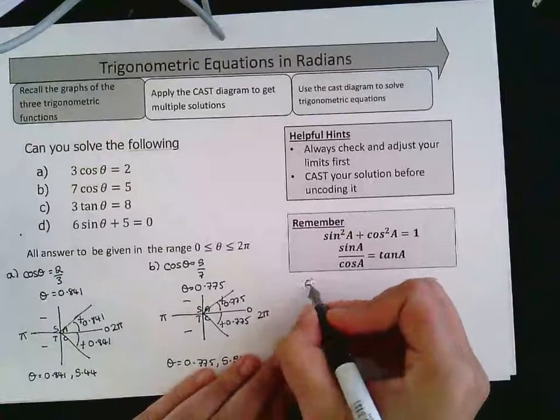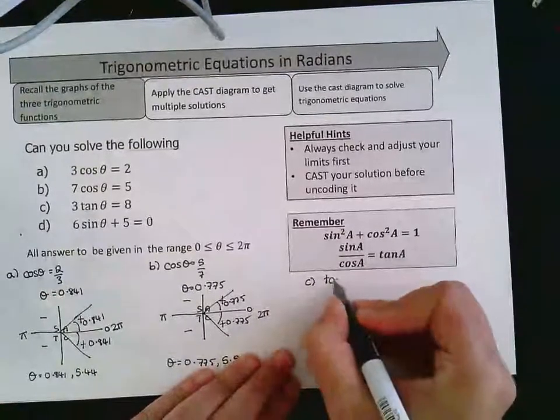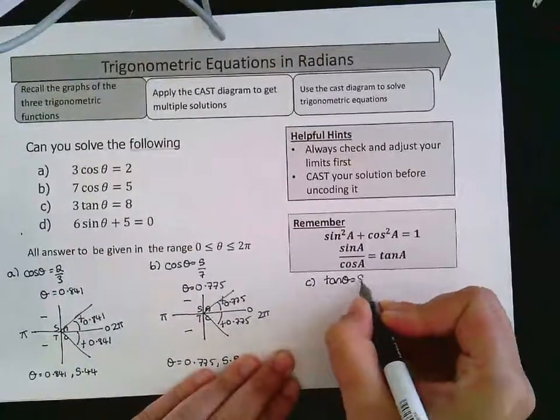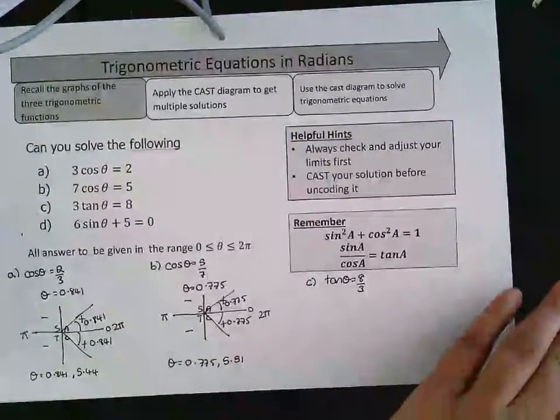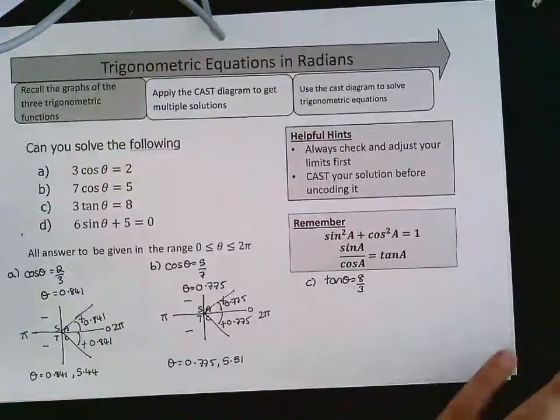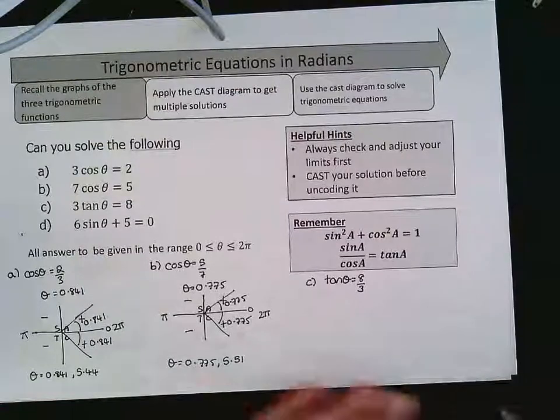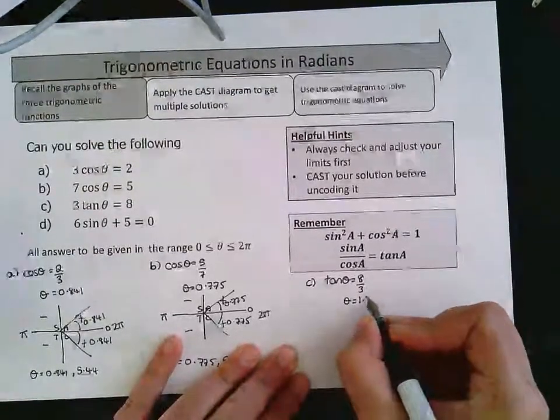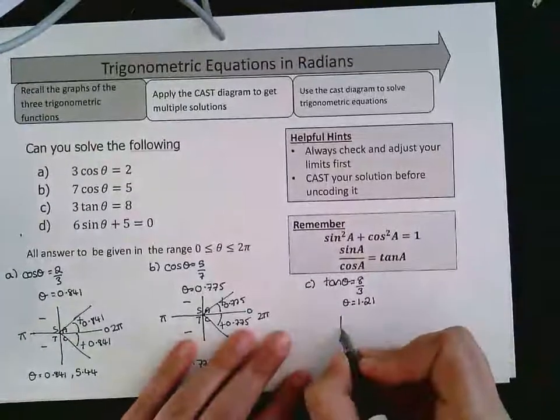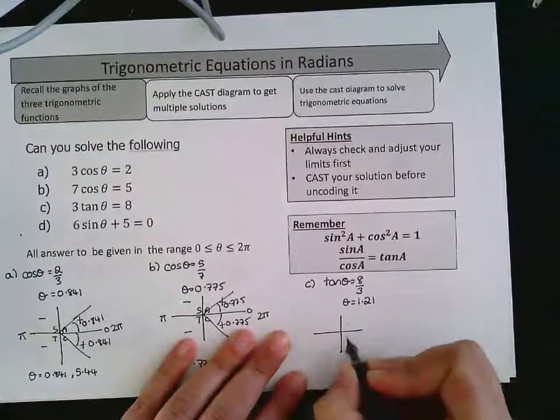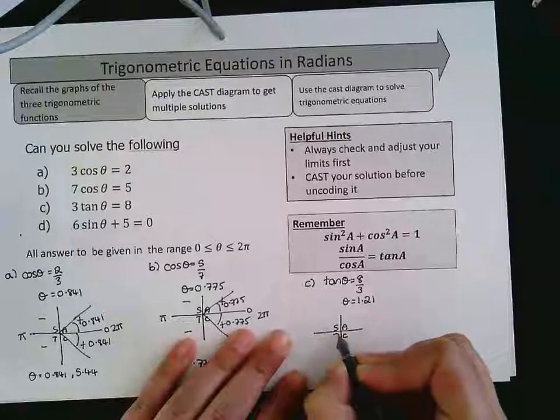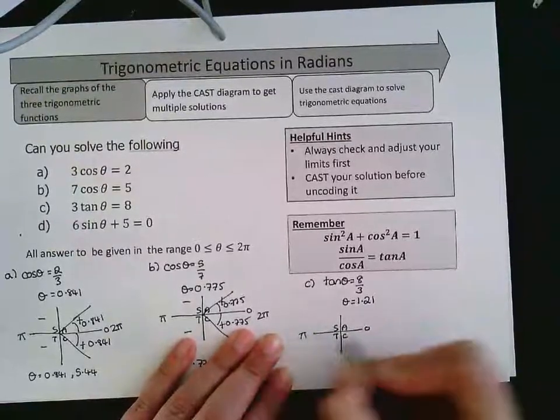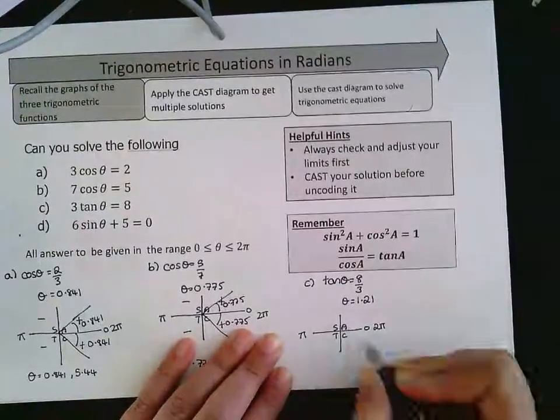C. Tan theta would be 8/3. So on my calculator, the inverse tan of 8/3 is 1.21. So again, as always, I draw my cast, 0, pi, 2 pi.